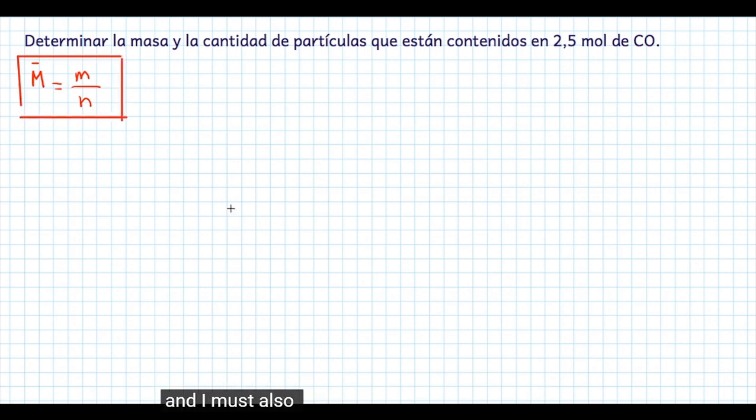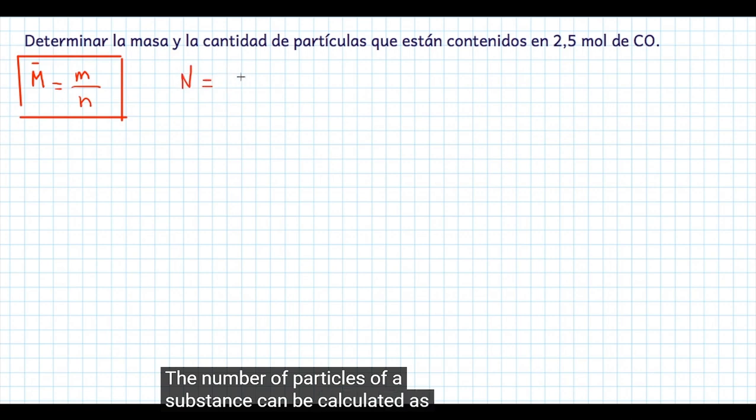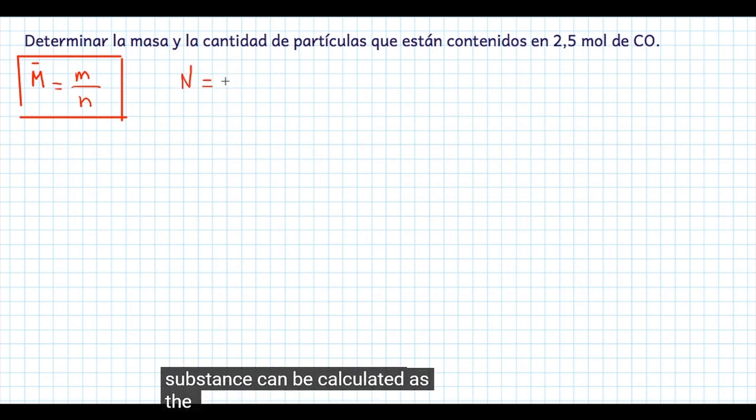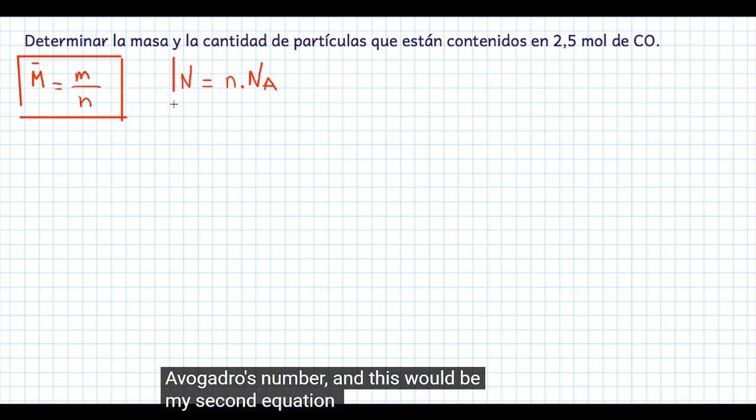I must also know that the number of particles of a substance can be calculated as the number of moles, the chemical quantity, times Avogadro's number, and this would be my second equation.